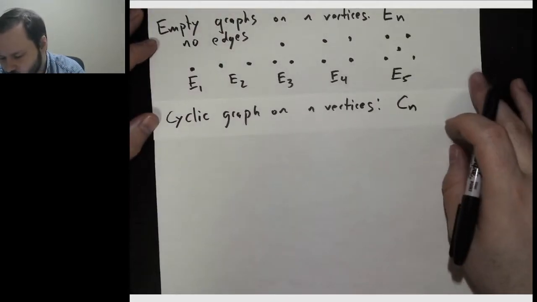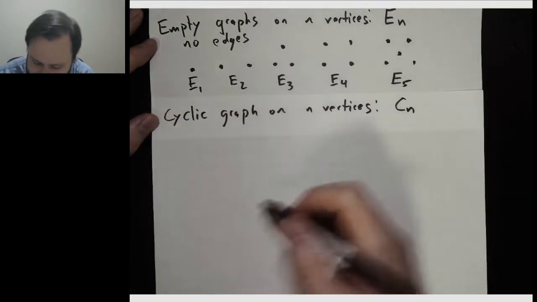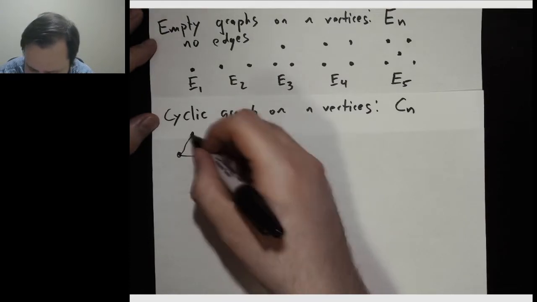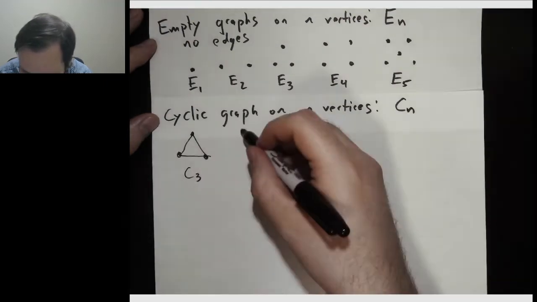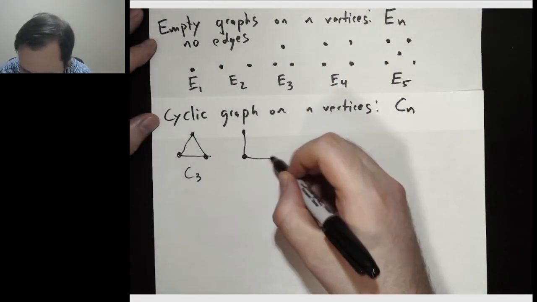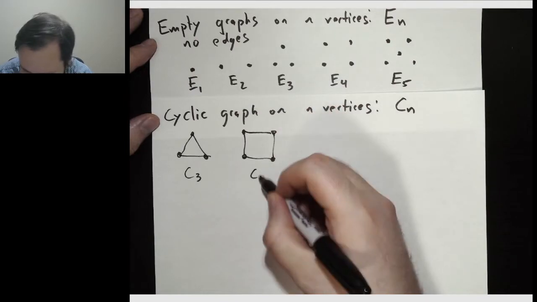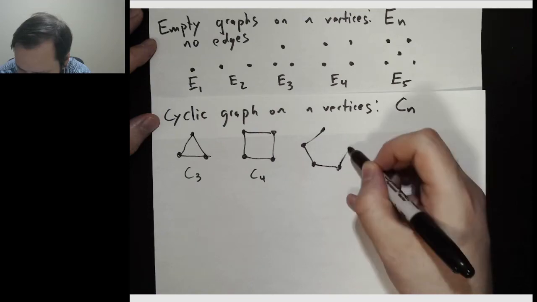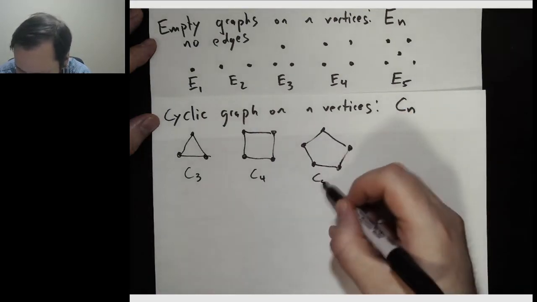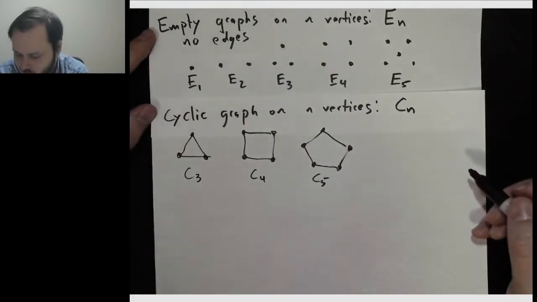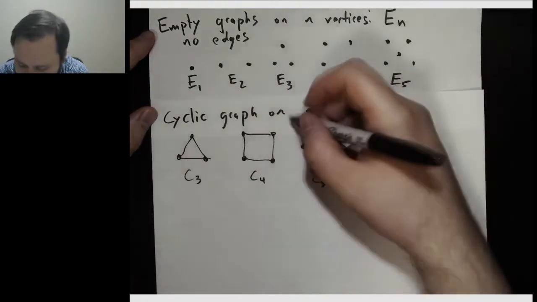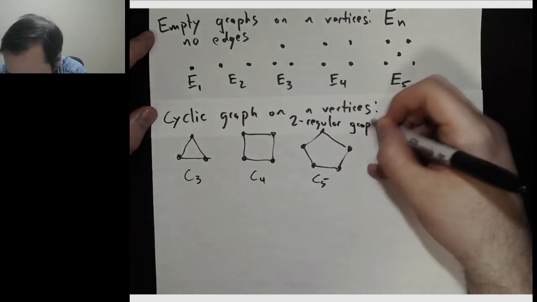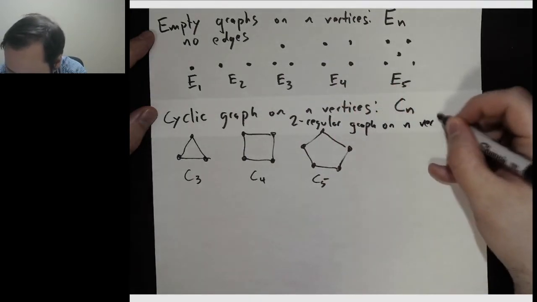C2 doesn't actually work if we're talking about simple graphs, but C3 is clear. That's just this. And C4 looks like this. And C5 looks like this. And in general, a cyclic graph on n vertices is a two regular graph on n vertices.